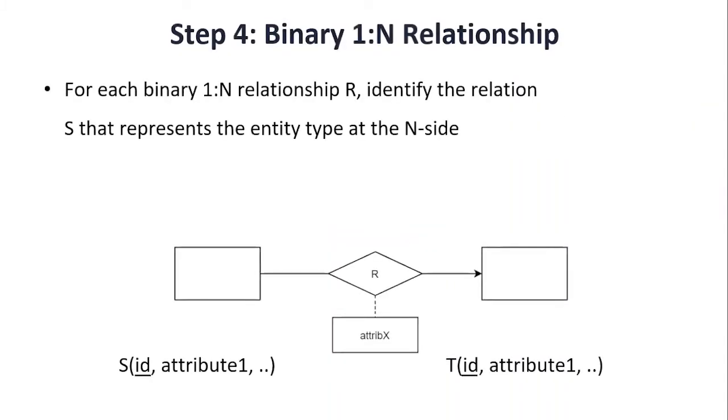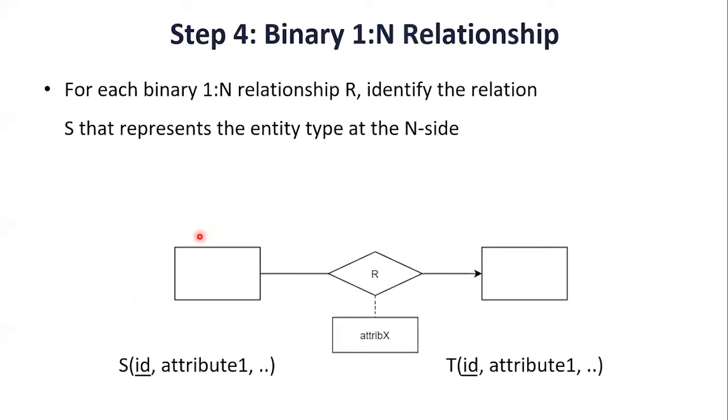And now we have come to step 4, binary one-to-many relationships or binary one-to-n relationships. So for each binary one-to-n relationship R in the ER diagram, we have to identify the relation S that represents the entity set at the many side or n side. So let's take a look at this diagram.